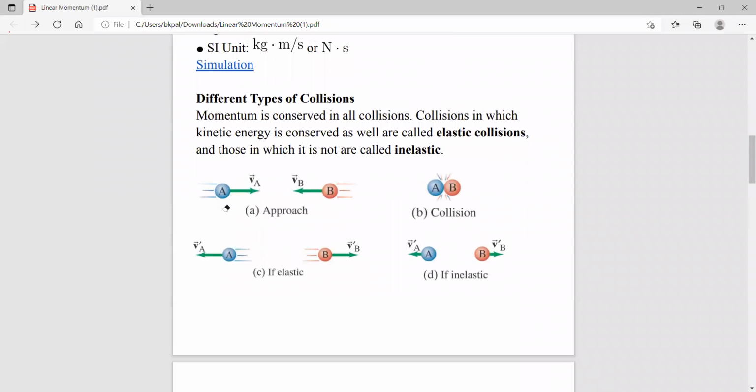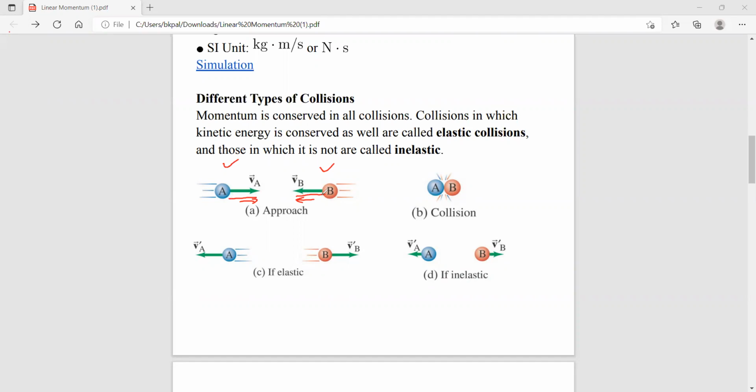Here you see one important difference in this picture. We have object A and object B. Object A is moving in this direction and object B is moving in this direction. The length of the velocity of A and the velocity of B, I'm talking about this length, you see they are the same.